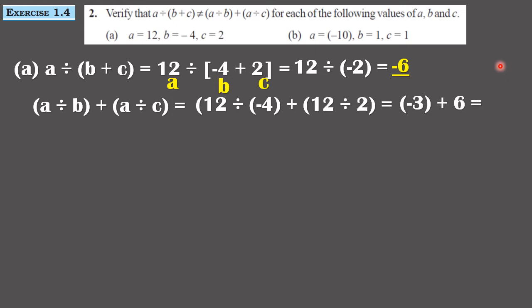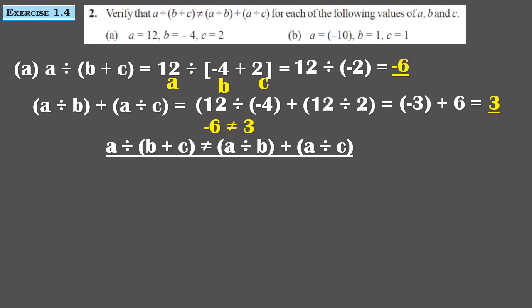So it is minus 3 plus 6, which is the difference between 6 and 3, which is 3, and the 6 is positive. So it is plus 3. So here we got minus 6, here we got 3. They are not equal. So minus 6 not equal to 3. That means A divided by B plus C not equal to A divided by B plus A divided by C.